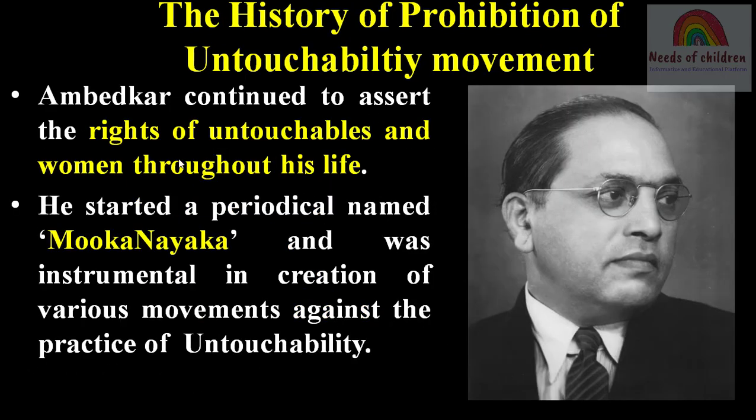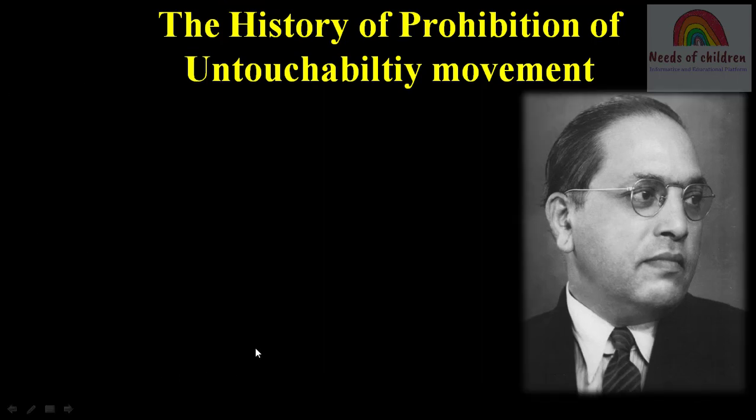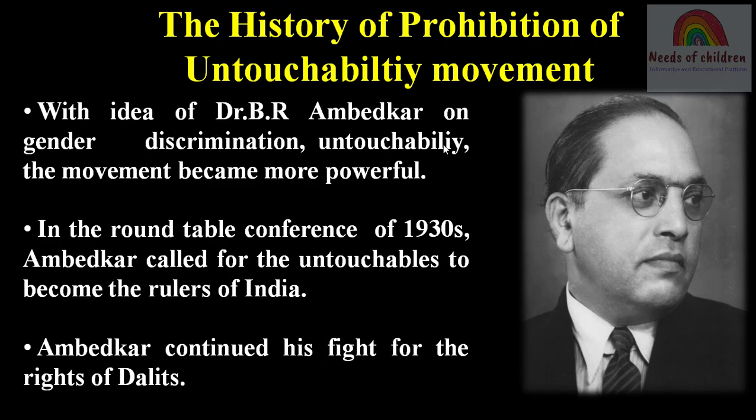Ambedkar continued to assert the rights of untouchables and women throughout his life. He started a periodical called Mooknayak and was instrumental in the creation of various movements against the practice of untouchability. With the ideas of Dr. B.R. Ambedkar on gender discrimination and untouchability, the movement became more powerful.